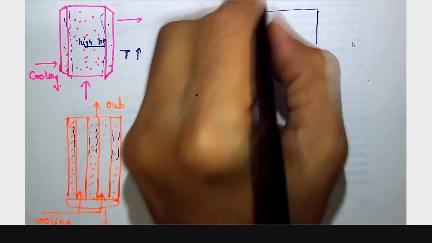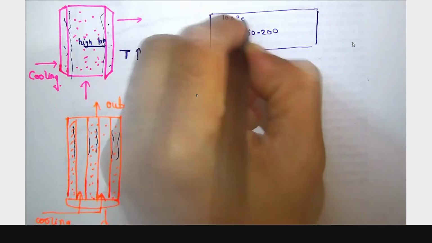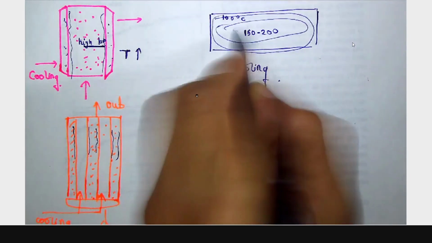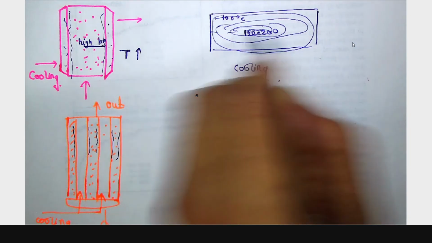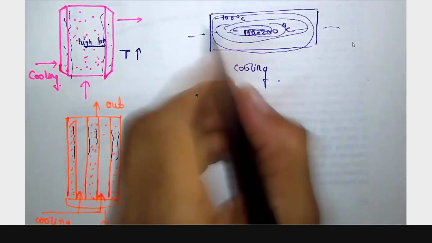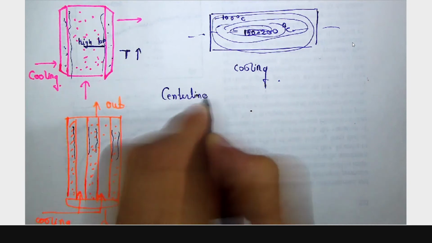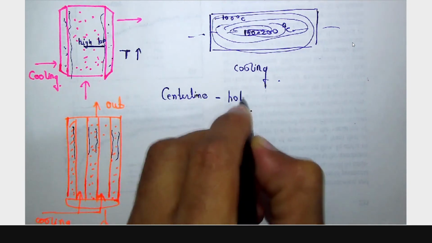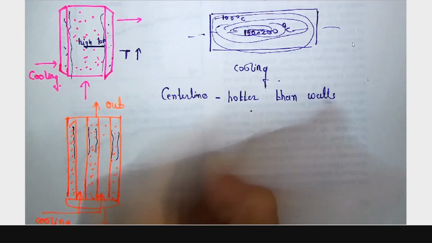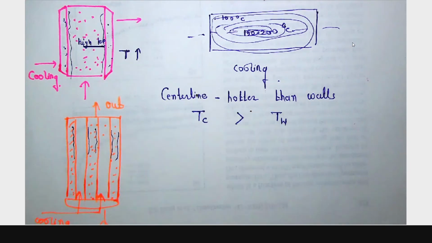As we are providing the cooling, the wall temperature may be reduced to around 100 degrees. So there may be zones, this will be 100 and so on. In the center line, it will be around 150 to 200 degrees. So the center line will always be hotter than the walls. If I put T center and T wall, definitely it will be greater than this.